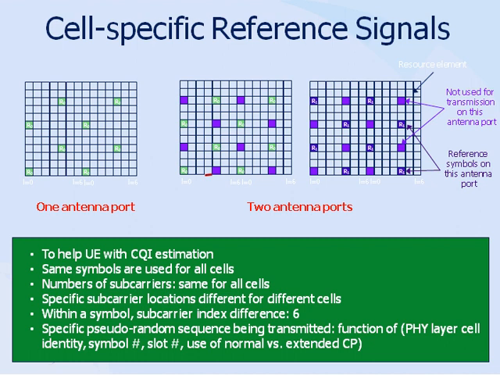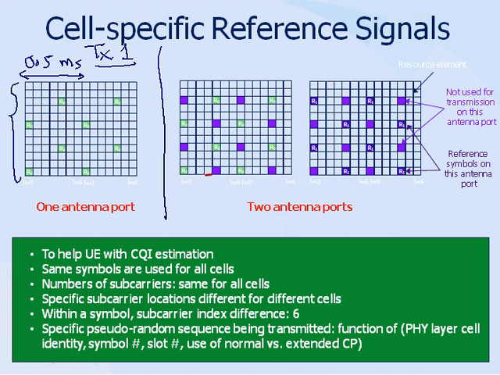Okay. So here is an example. Let's say I have one transmit antenna, and this is time slot 0, a half millisecond slot. We are showing 12 subcarriers.